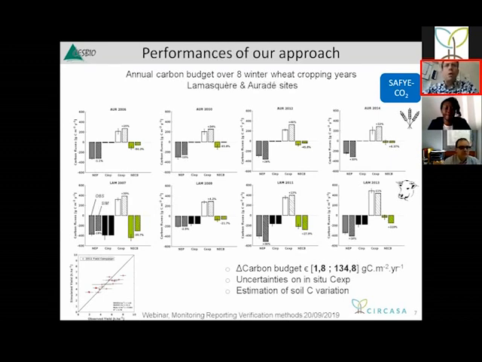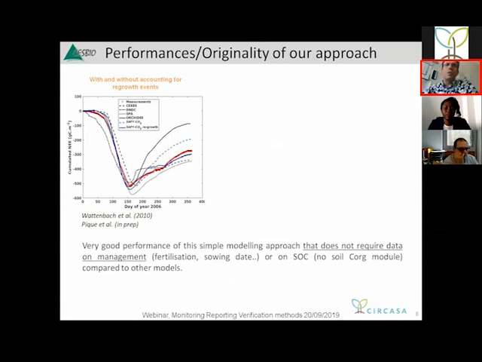What the green bar shows represents the change in soil organic carbon in the soil. Our approach that is only based on remote sensing does not require any data on management concerning fertilization or sowing date.